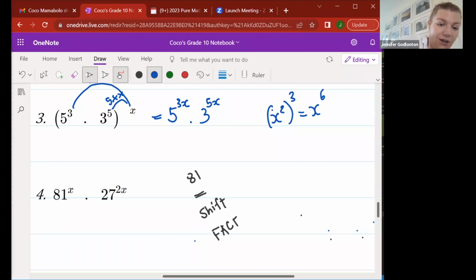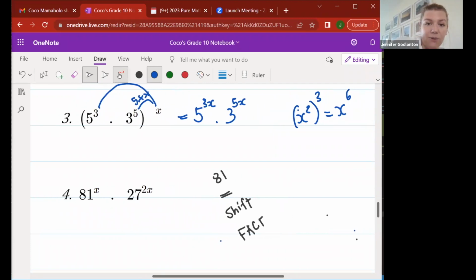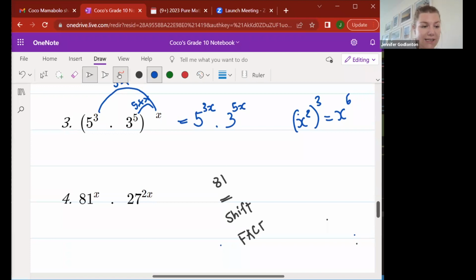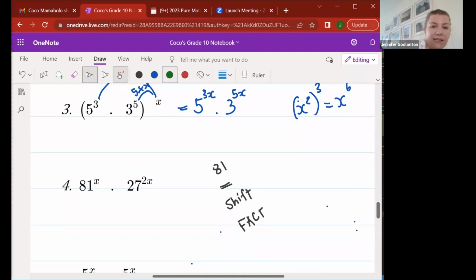Good. So now we know how to do that in our calculator, which will be helpful. So we're going to say 3 to the power of 4 to the power of x. And then we just need to do the same for our 27. How do we get 27 as a prime base? What is that 27 going to be?